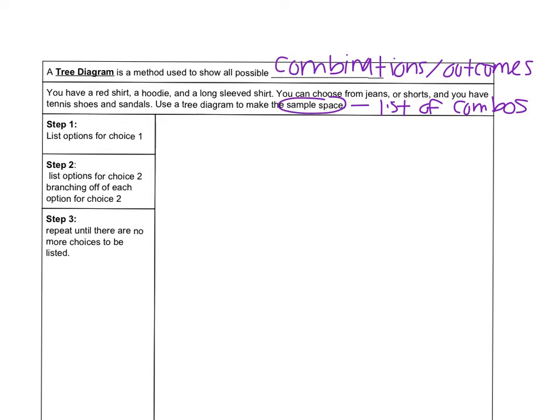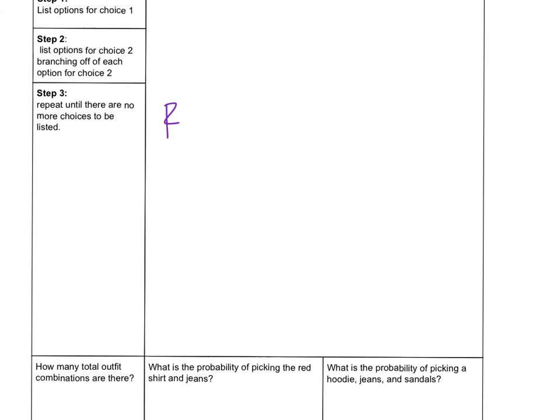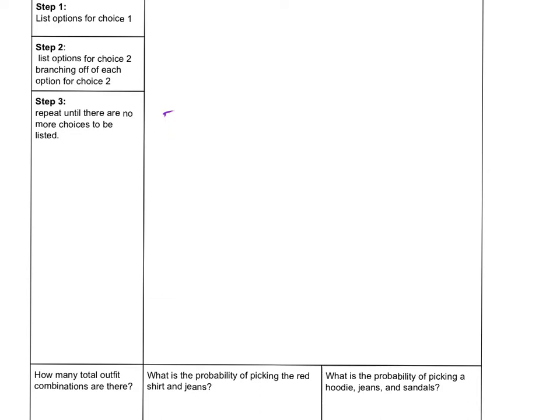Yeah, so I called red shirt R. You'll kind of have to space them out. So this takes practice to space them out well. You can choose from a hoodie, so I used H, and then long sleeve was L.